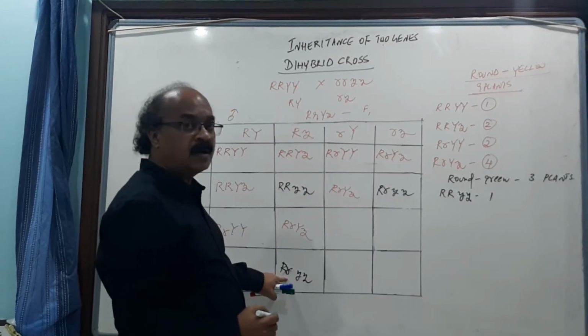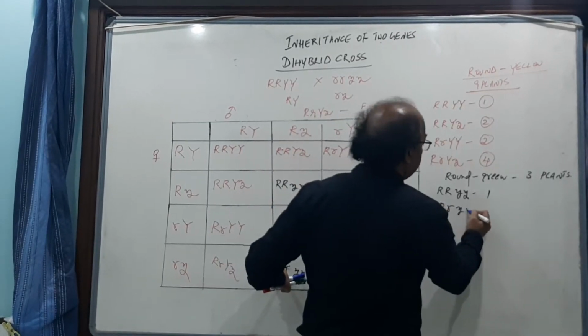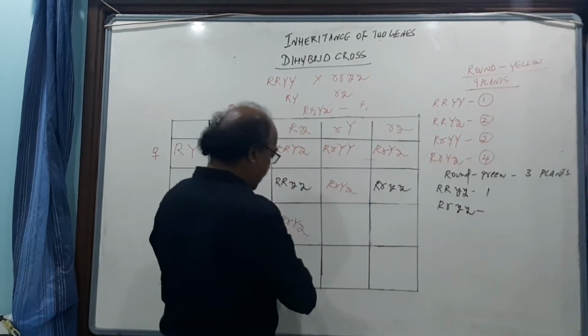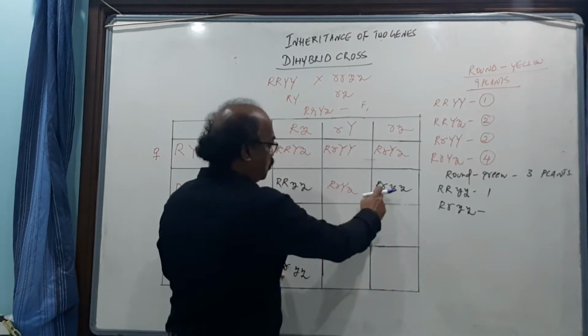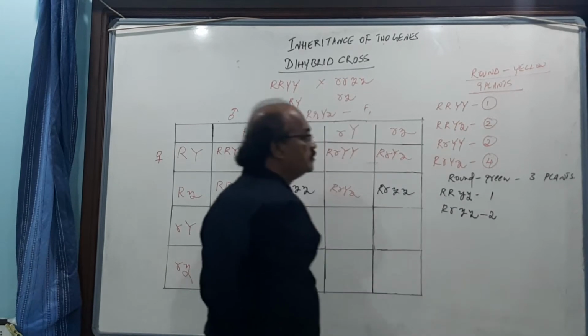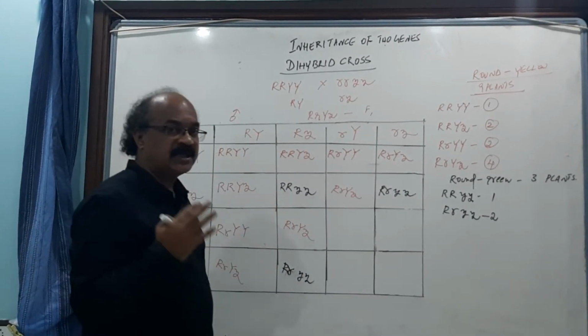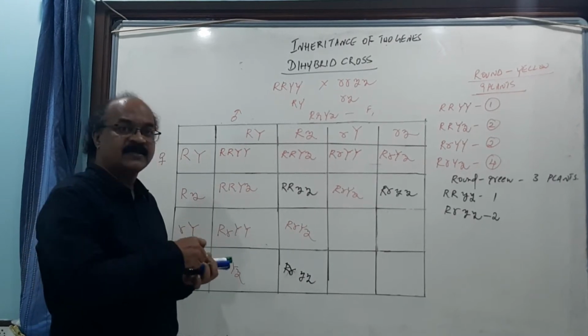Capital R, small y, this is another genotype. You got two plants. So there are two genotypes, three plants in that case.